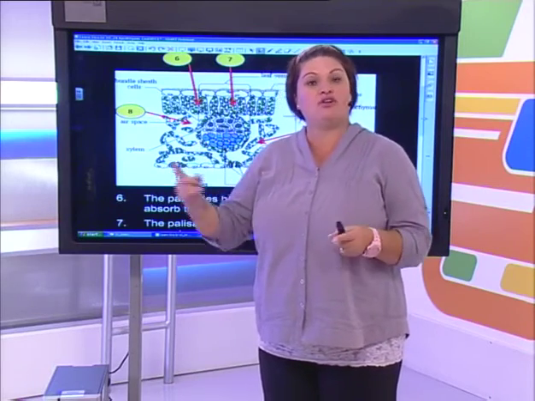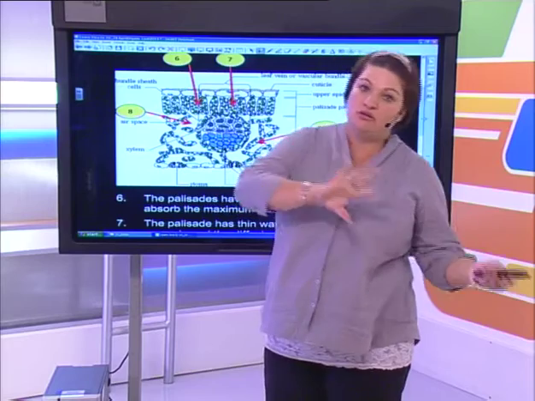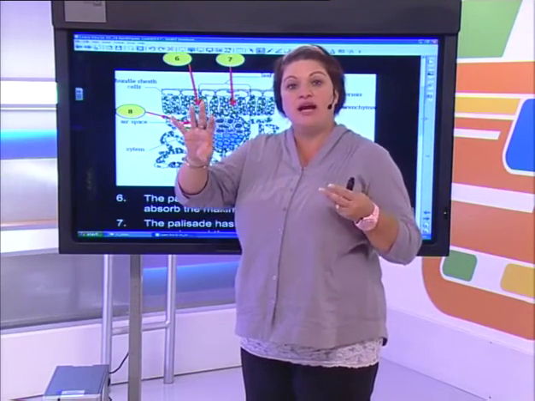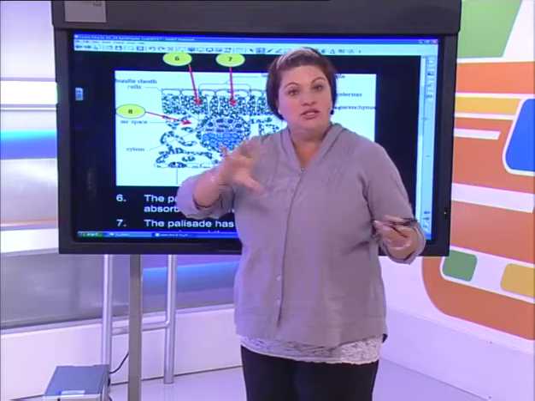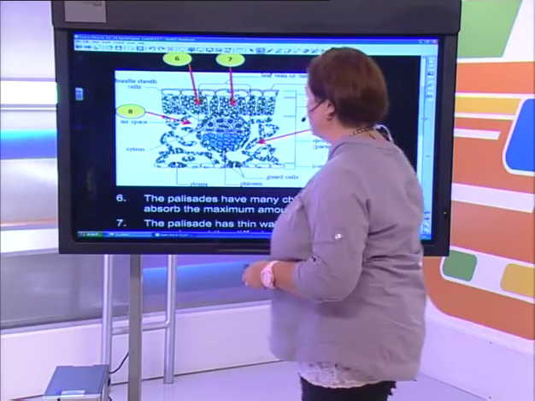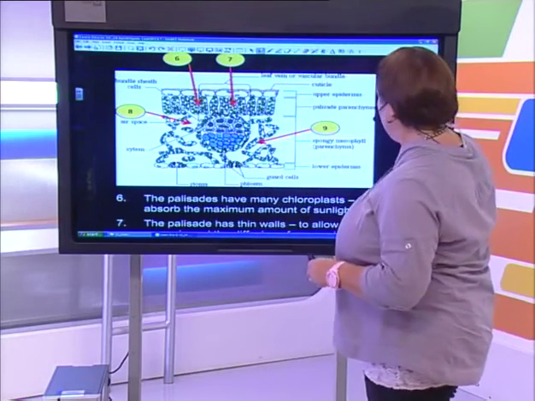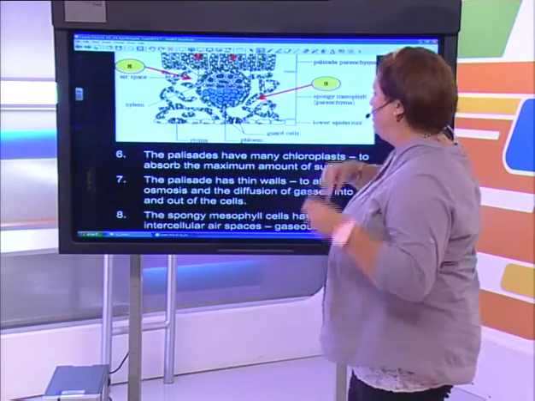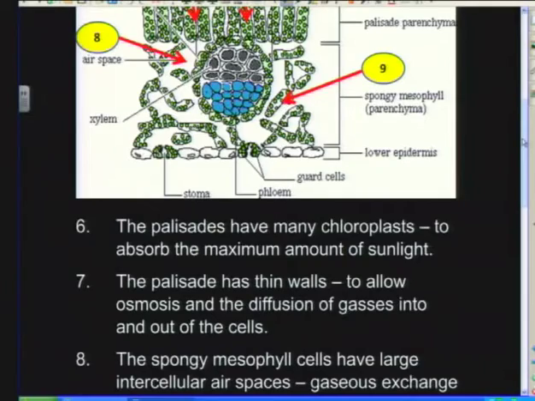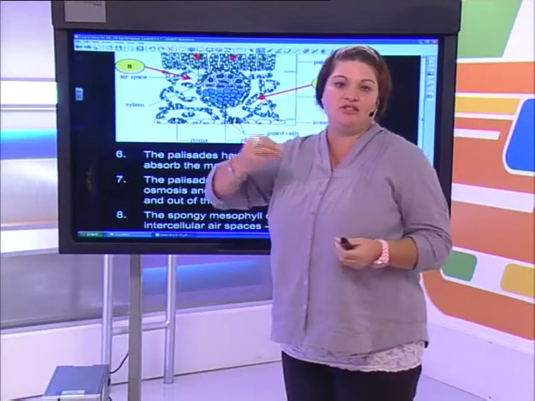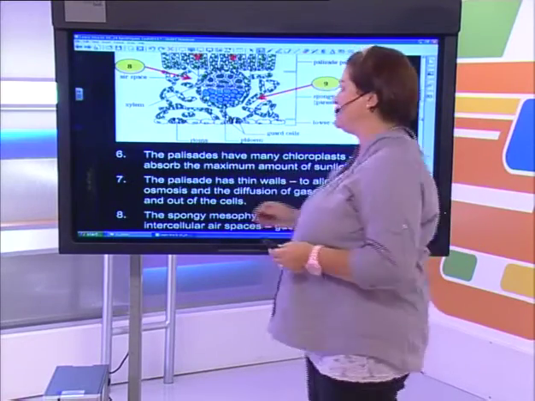You need a concentration gradient, because remember when we did osmosis, when we did the cell, things need to move from a high to a low concentration. Again, the spongy mesophyll and the palisade, both of them are thin with chloroplasts, so that sunlight can come into them.